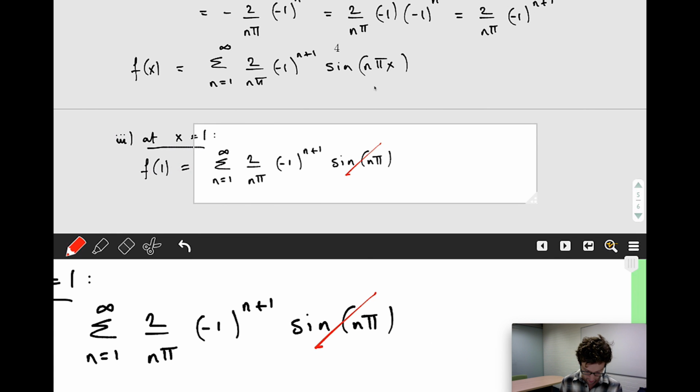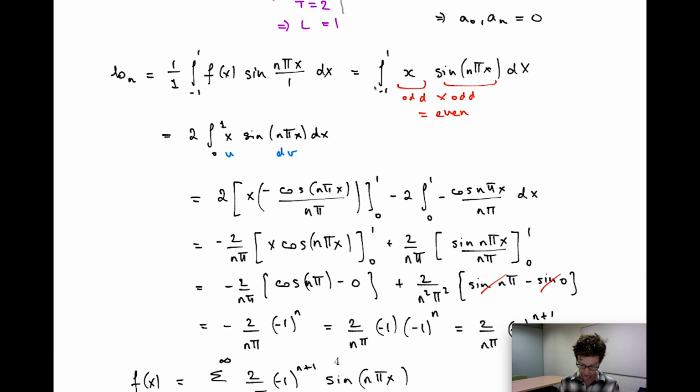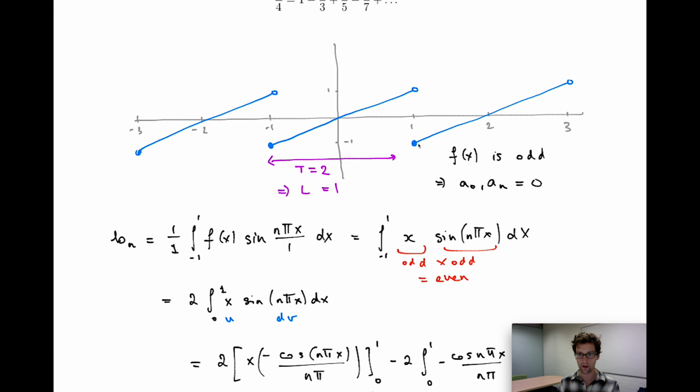So I've got the sum over n equals 1 to infinity of 0. So I've got 0. So my function converges to the value f is equal to 0 for the Fourier series. So this is kind of a contradiction. My function is defined in such a way that the value of the function is minus 1, but the Fourier series takes the value 0.